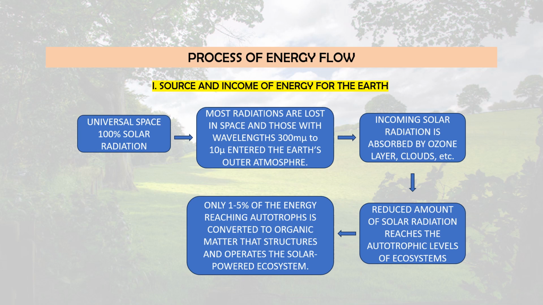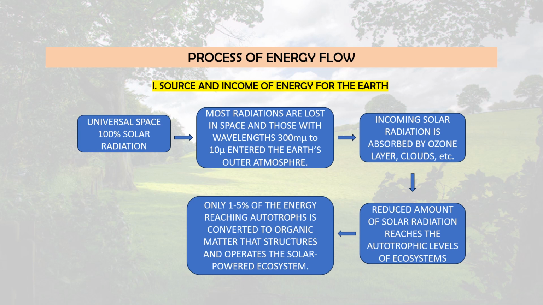So where do we get all the energy from? The answer is from the sun. Every particle in the universe gets energy from the sun. So from the universal space where there is 100% solar radiation, some radiations are absorbed by the Earth's outer atmosphere, that is very less in percentage, and most radiations are lost in space only.